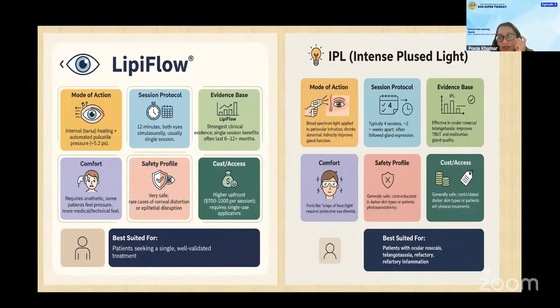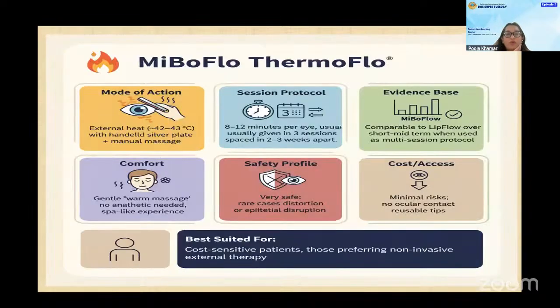However, it cannot be used for patients with darker skin, or patients with any previous treatments, or patients with a lot of lid abnormalities. So it is better for patients with ocular rosacea or telangiectasia or any refractory inflammation. But if the patient has a darker skin, then you should avoid doing that.